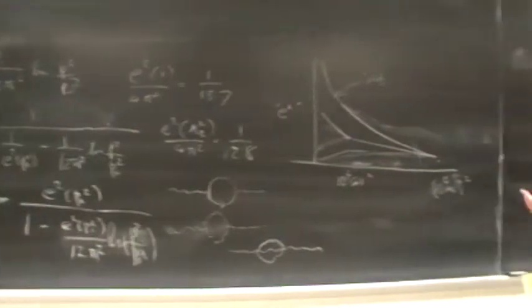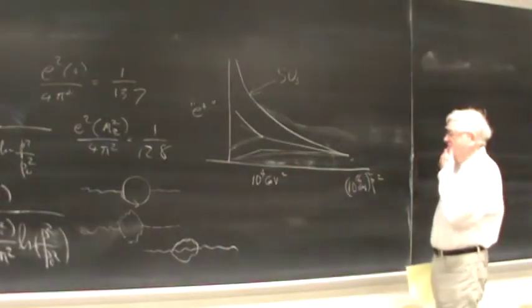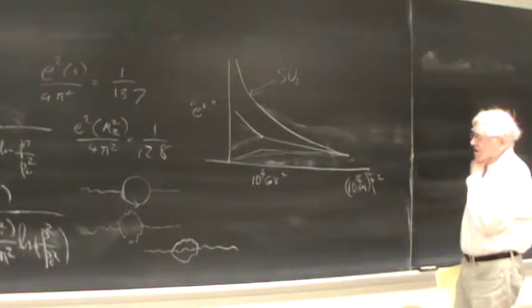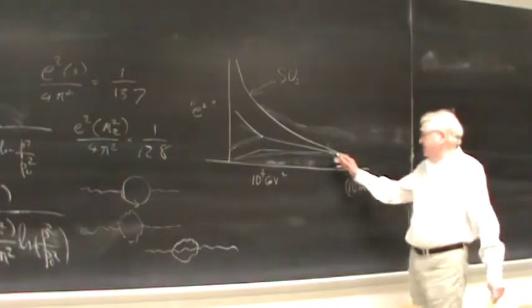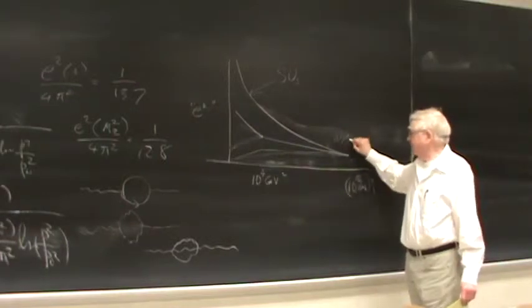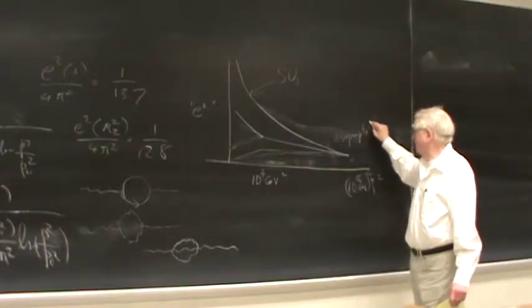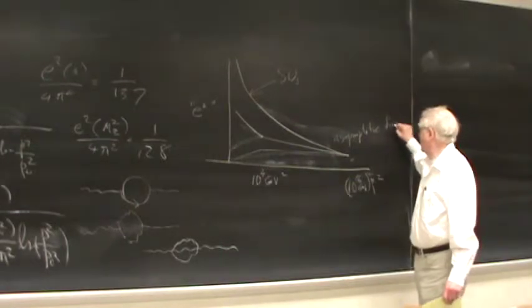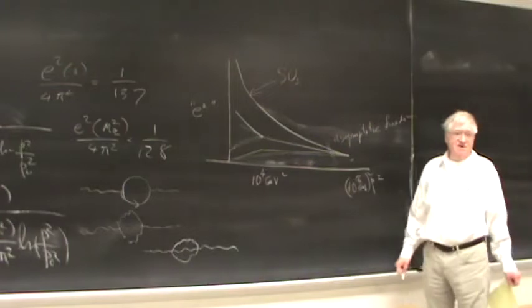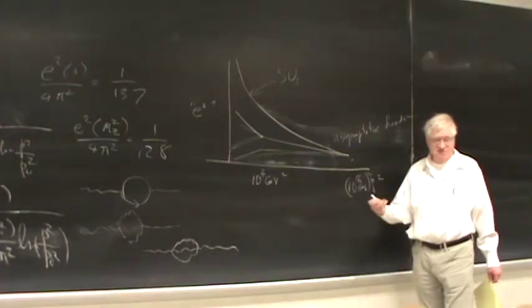For SU3, and for that matter for SU2. And the fact that it goes down eventually, that's called asymptotic freedom. And I imagine that was Sidney Coleman's phrase. He had a marvelous verbal facility.